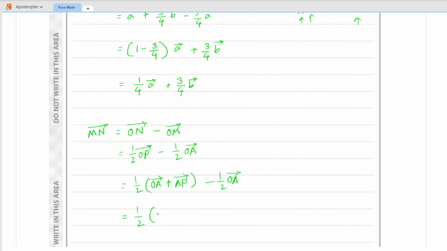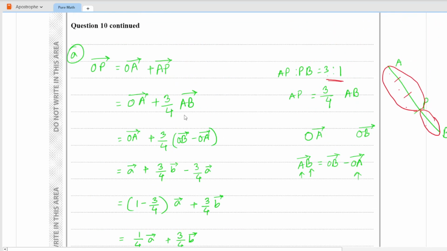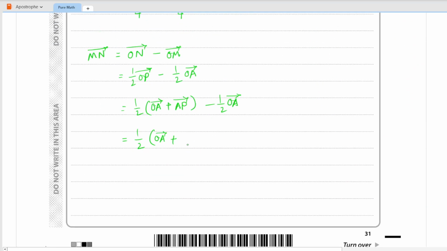Half OA. Now what is AP? AP we just found here, is it? AP is equals to 3/4 of AB, 3/4 of AB minus half OA.